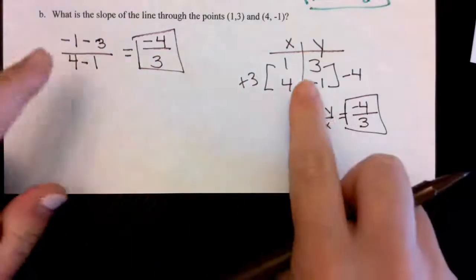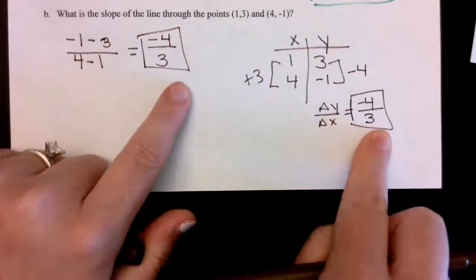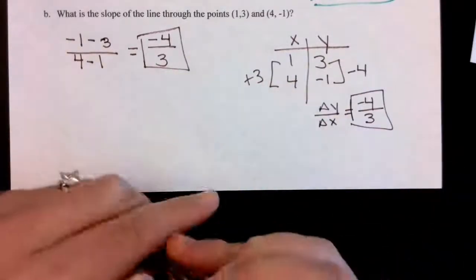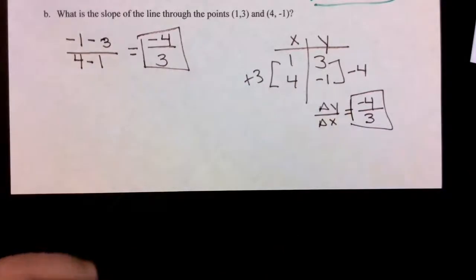Okay, either method you use, you'll get the same slope. I prefer this one. It's a little easier to visualize, but either one works for you. All right, if you have any questions, stop by office hours.